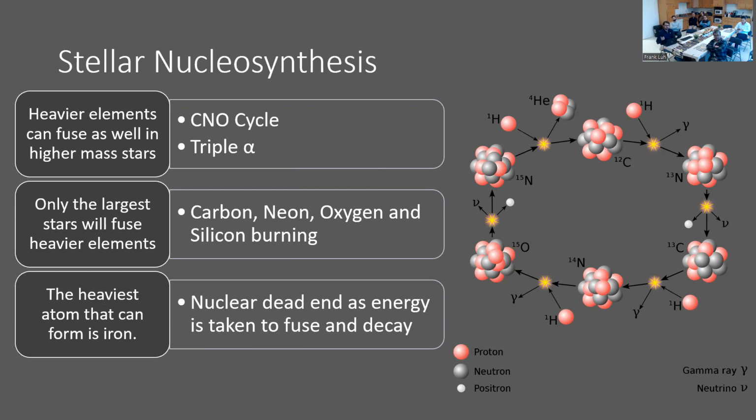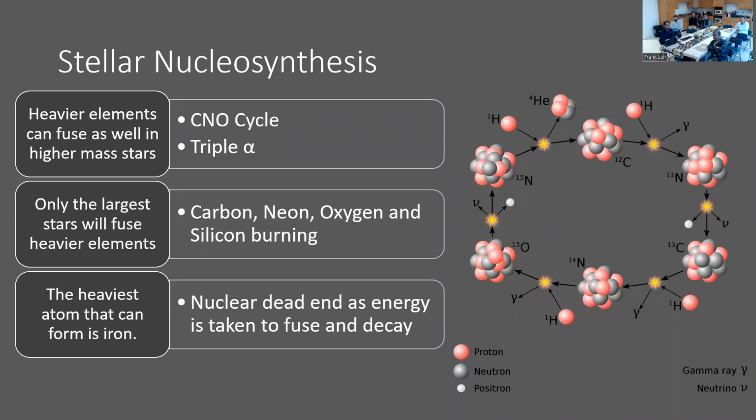There are also other processes to convert to heavier elements, like triple alpha, where you have 3 helium nuclei coming together to form carbon, as well as heavier stars going into things like carbon, neon, oxygen, and silicon burning, where you're fusing in a variety of ways to heavier and heavier elements until you get to the nuclear dead end, which is iron-56. Iron-56 is special because it has the highest binding energy of any atom.